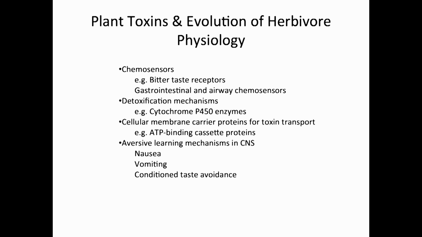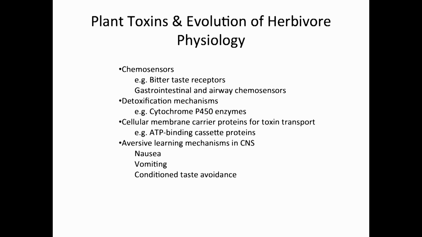They taste bitter because they're potentially toxic. And we actually have bitter taste receptors expressed in the gastrointestinal tract. Airway chemosensors, the function of these is not fully understood yet, but this is new research showing where these bitter taste receptors are expressed additionally in the body.